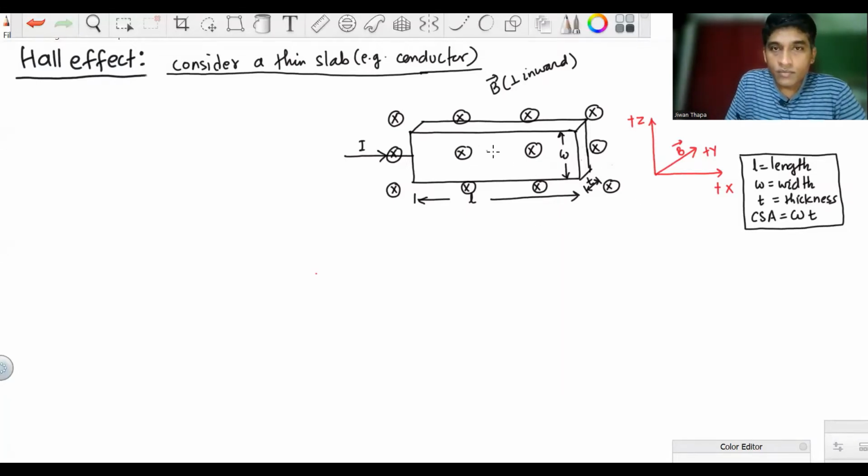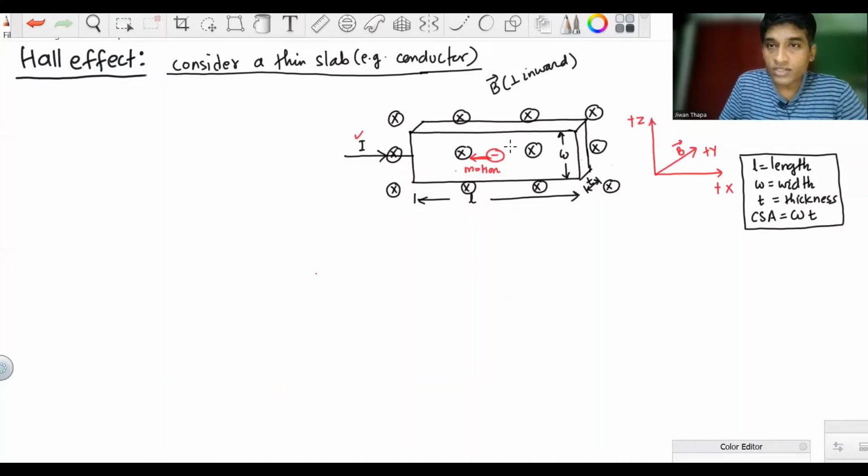Now, let us consider electron, okay? I'm taking single electron. There are many electrons, okay, within this conductor, but I'm taking single electron for study. Now, what we find, the motion of this electron, okay, is opposite to current I. Electron is moving opposite to conventional current.